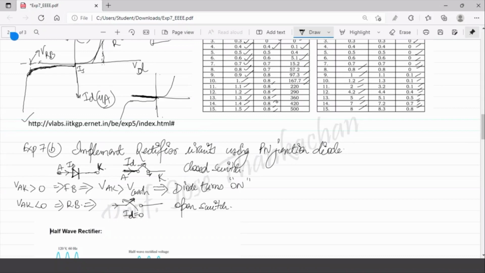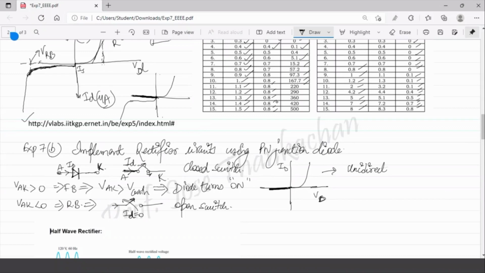So this property here, this graph of current versus voltage of this PN junction diode makes this PN junction diode a unidirectional device.